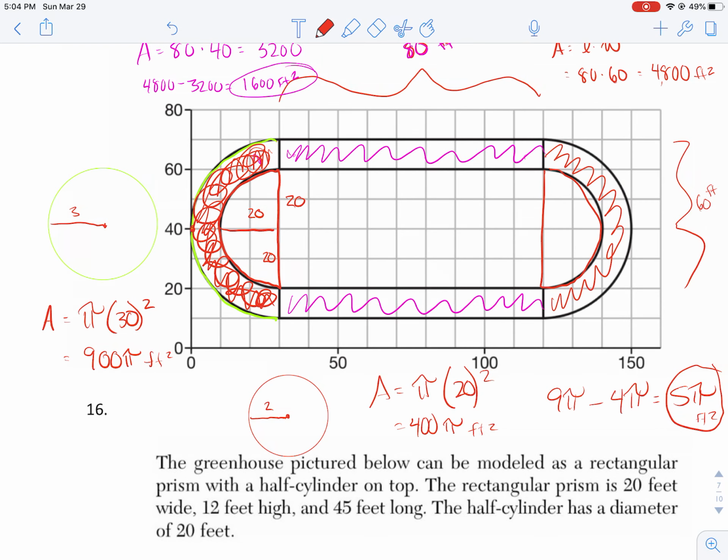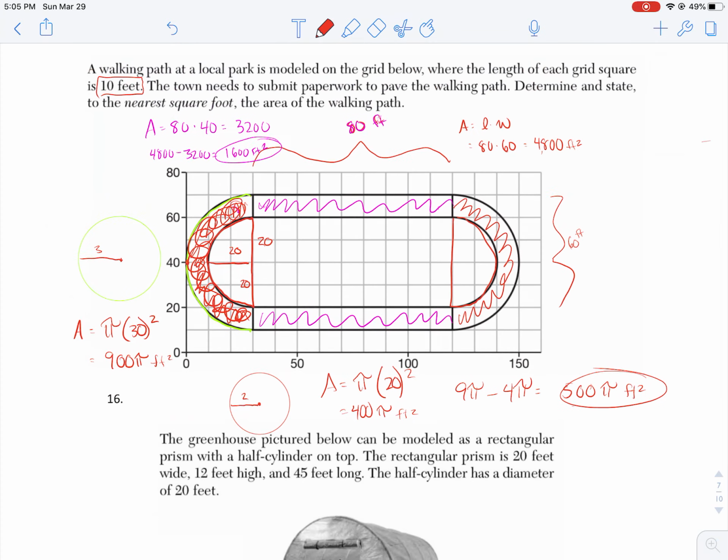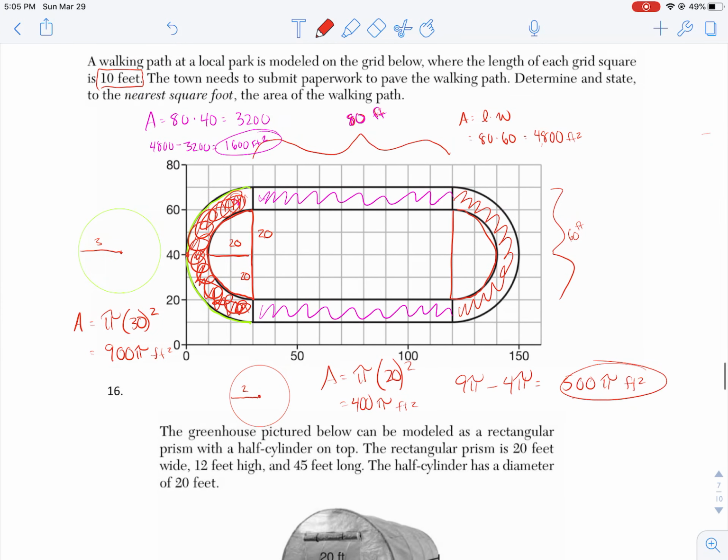This is feet squared. This is feet squared. That's what we have left. It's 500 pi feet squared. So we add those two things together.